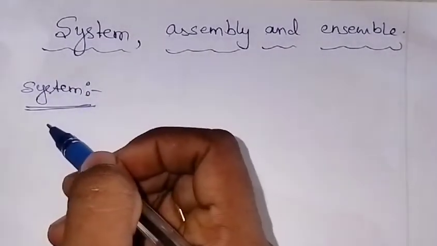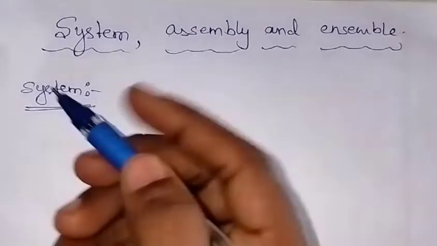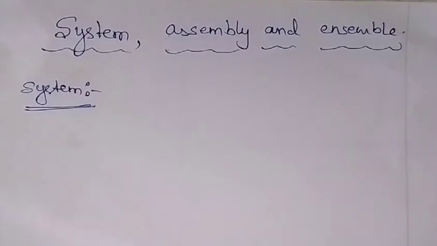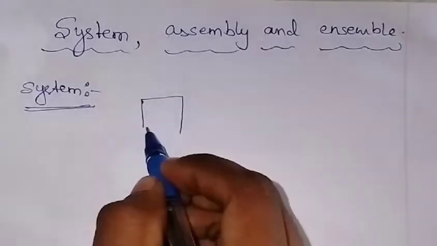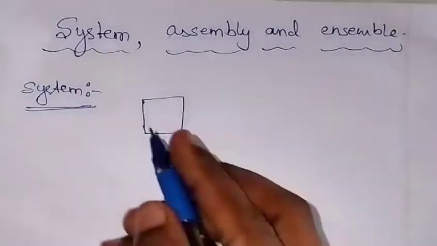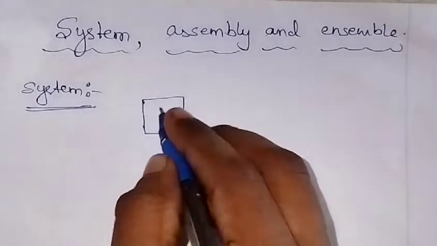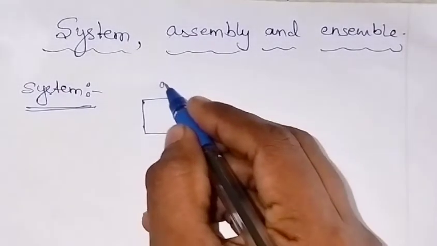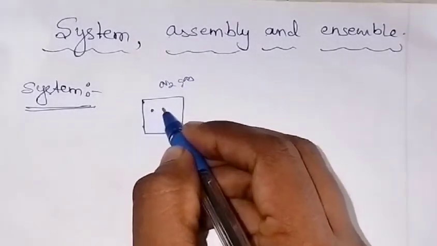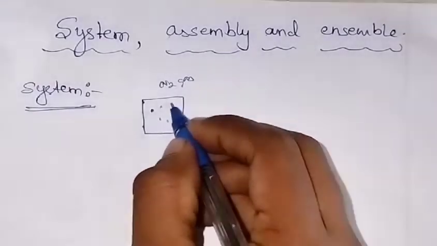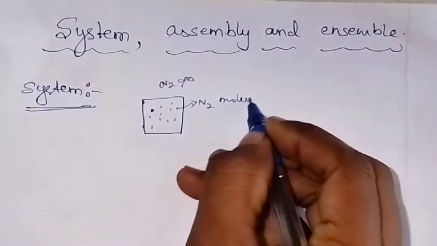We already saw in the introduction part of statistical thermodynamics every individual particle that is present in a container. For example, if you consider this is a closed container or a beaker, and imagine inside this you have a gas, say nitrogen gas, and these dots are representing N2 molecules.